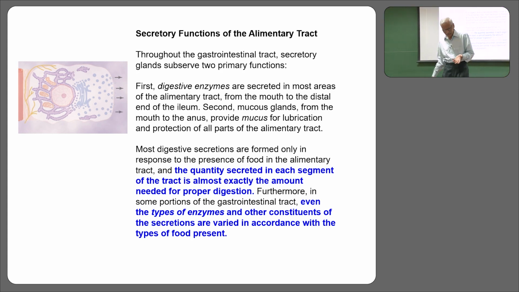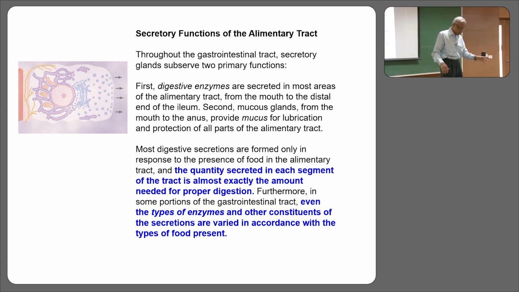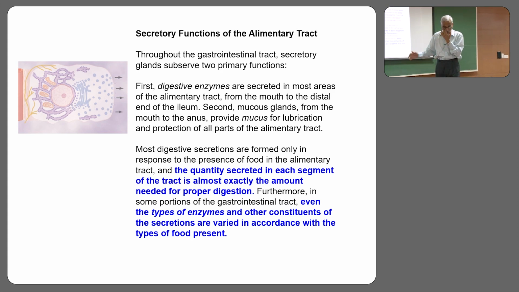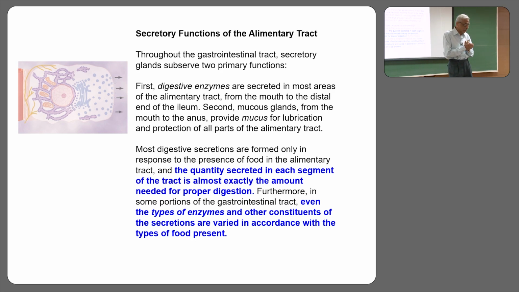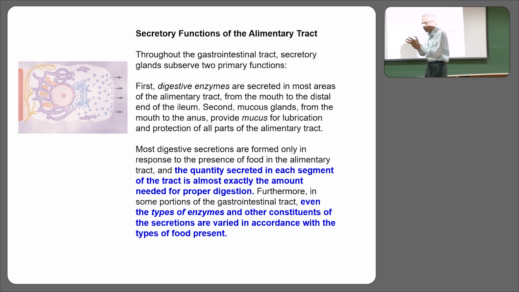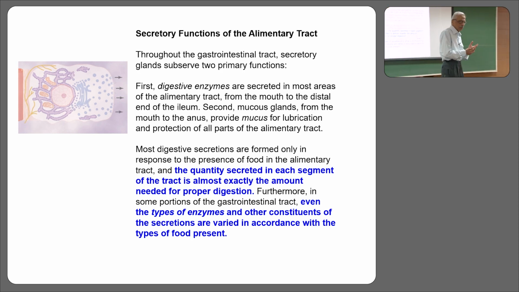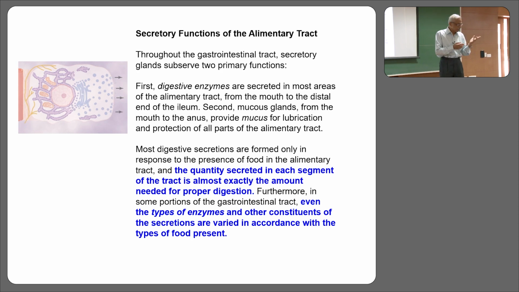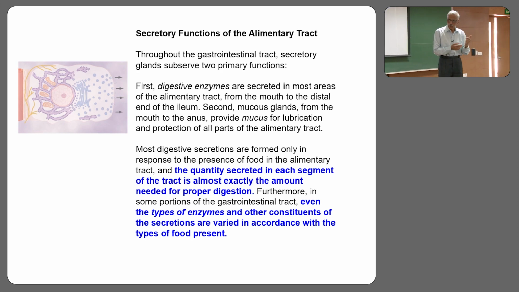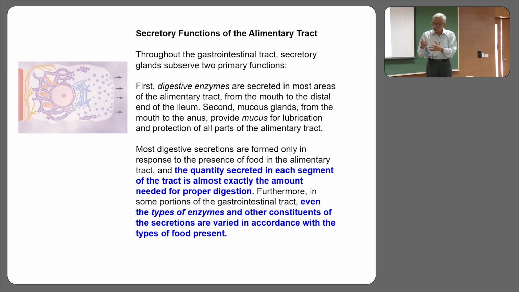When we talk about the entire system, we can safely divide it into three components. The first, which we have already done, is the anatomy and how the food is propelled along the length. The second is the secretions. The food has to be digested, so it has to be mixed with the proper enzymes in proper quantity, and the enzymes keep on changing as the food keeps on changing.